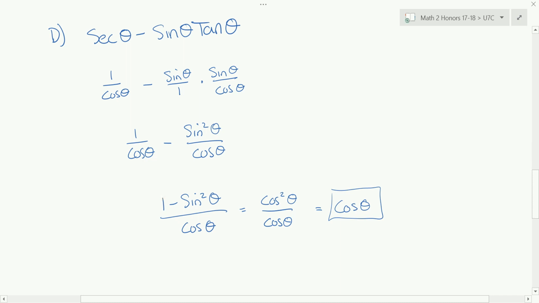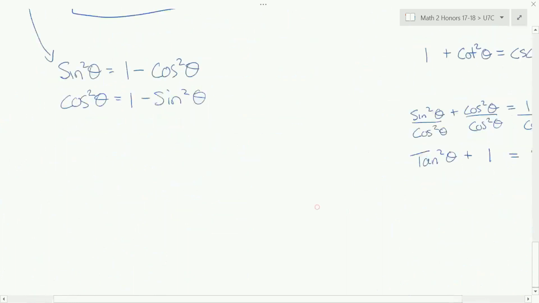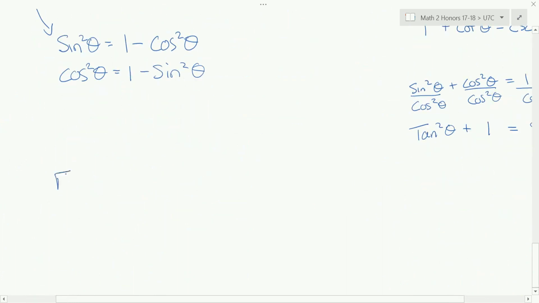Let me give you some other examples that involve these Pythagorean identities. Call it example 2. Again, instructions are to simplify.